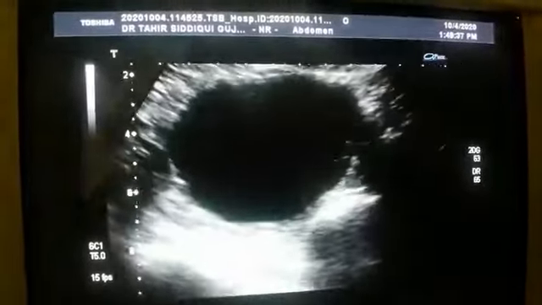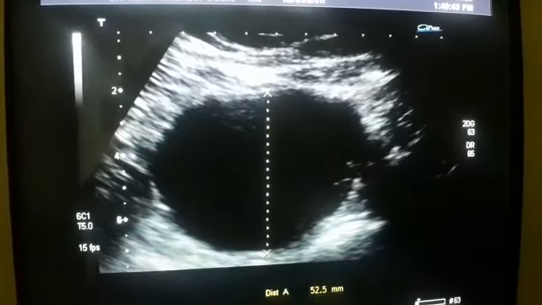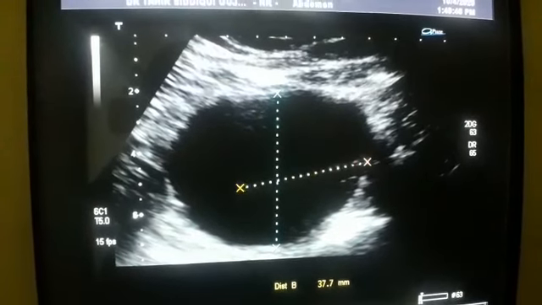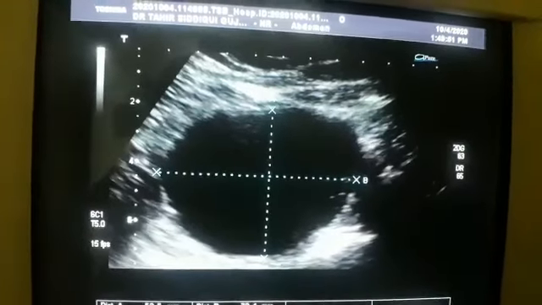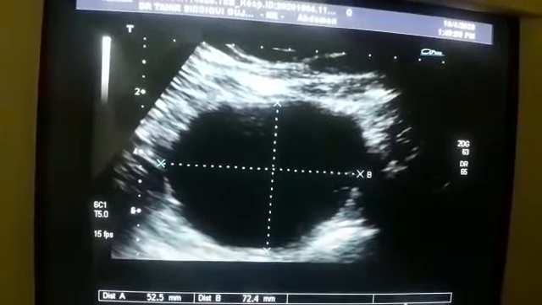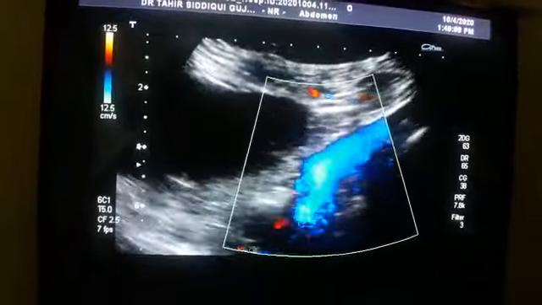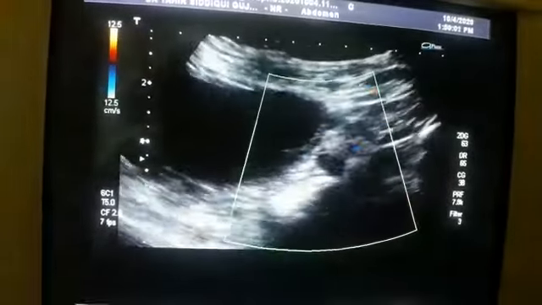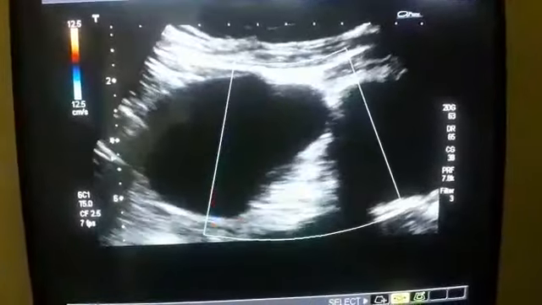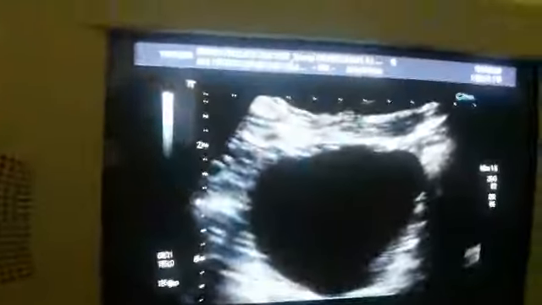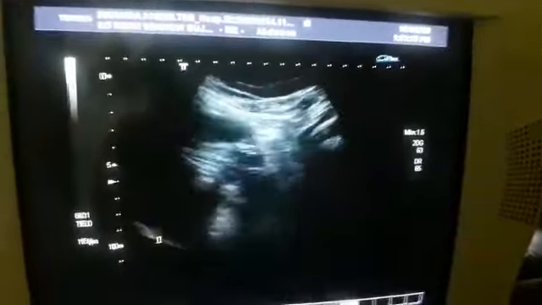This is a right adnexal, or we can say an ovarian cyst, measuring 52 by 72 millimeters. Now you see these are the ovarian, the iliac vessels. This one. So in this case, we have seen three study areas.